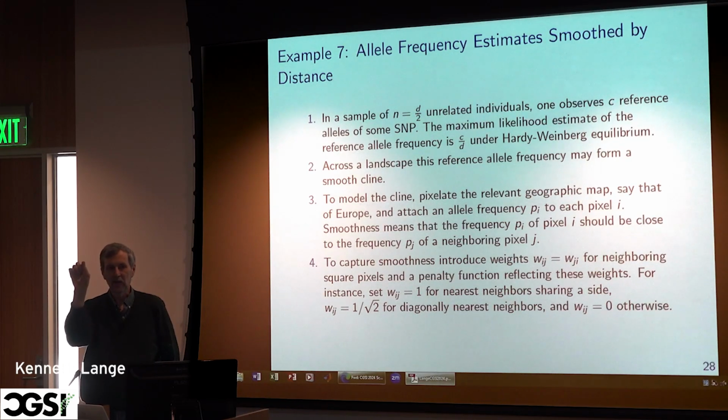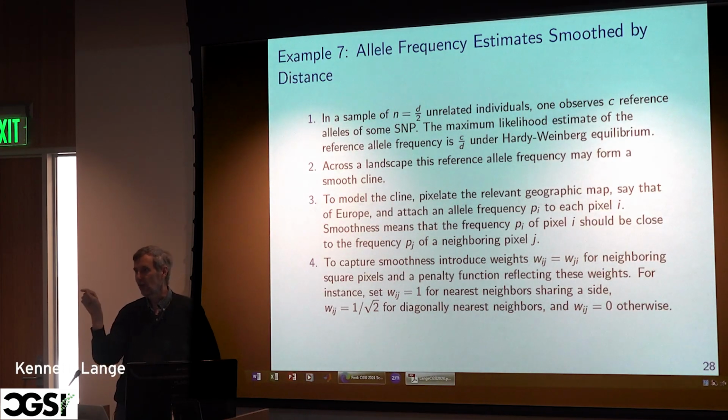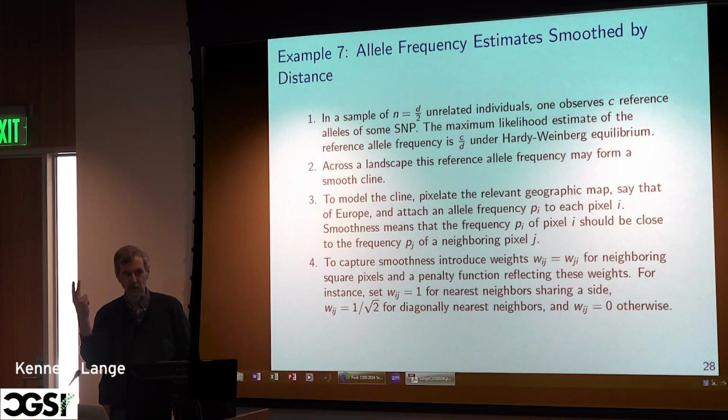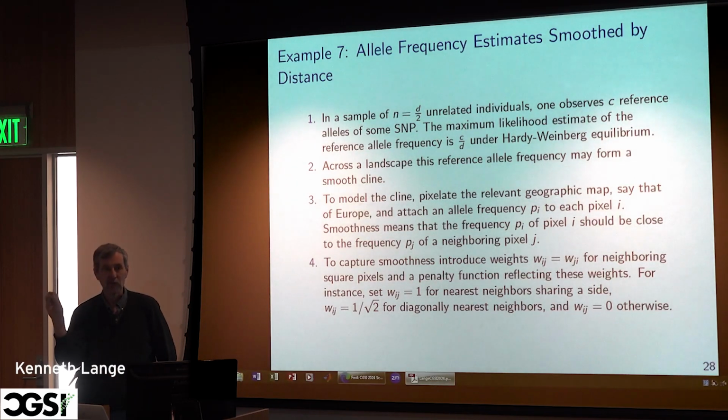And to each area, you may or may not sample a certain number of individuals, and you type those individuals. Now we're just going to consider a single genetic locus with 2 alleles. Now some of those pixels may be out in the desert. There's no one you pick up.